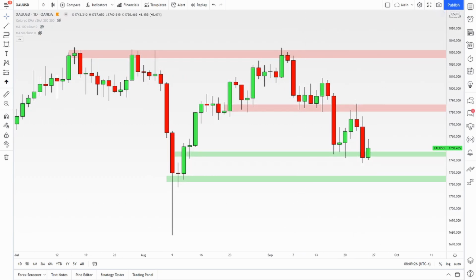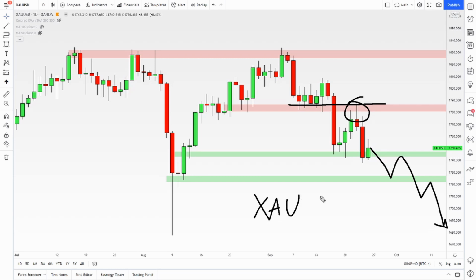So for me, looking at this right now, with price just respecting structure and selling into these pressures, I think that the most likely scenario is that gold may continue to drift lower, especially on all this dollar strength. Because of course, if we're being open to this idea of dollar strength, that could lead to gold weakness, relatively speaking, especially since these two are sort of competitors of one another.